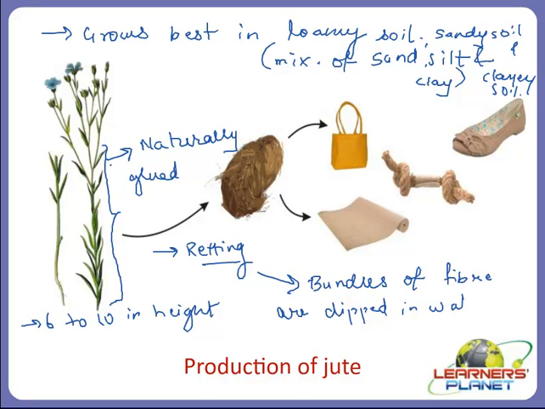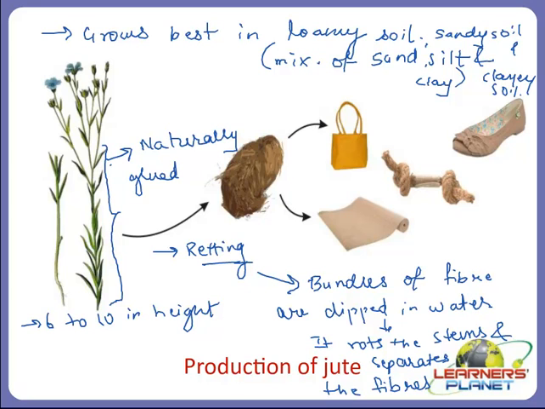Now when we dip it in water, what happens? Yes, it rots the stems and separates the fibers, right? And that is why it is called the process of retting.